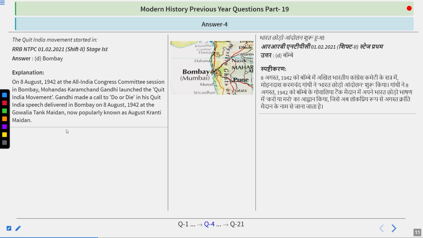So remember it started in Bombay. Today it is known as Mumbai. And if we talk about the Quit India movement, the first place or region in India that got independence under the Quit India movement was Balia. Balia is in Uttar Pradesh.